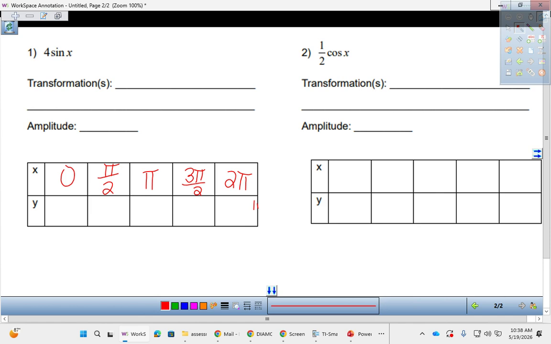So I would call this a vertical stretch by a factor of 4. You can just say a vertical stretch of 4. That's fine, okay? So what that does is it takes the original amplitude 1 and it multiplies that amplitude by 4. It makes it 4 times taller, so the new amplitude is 4.